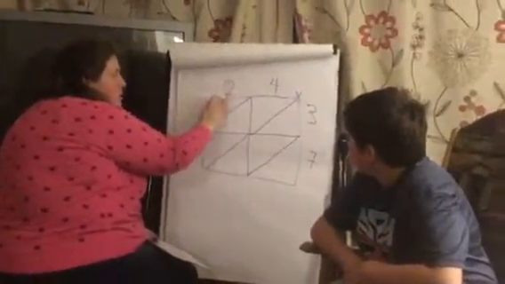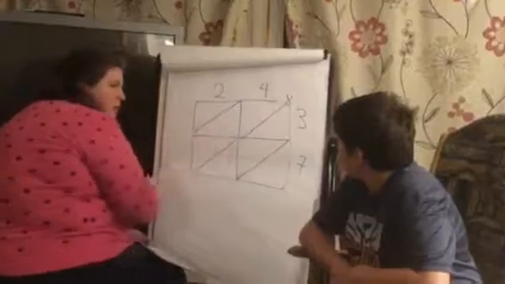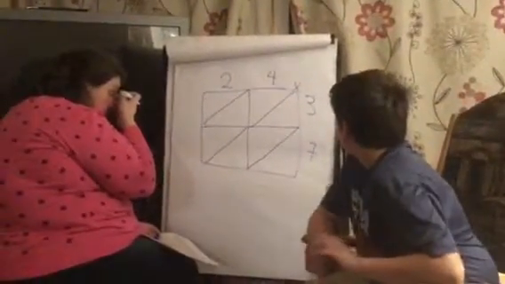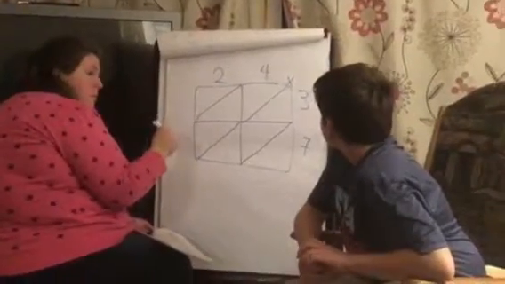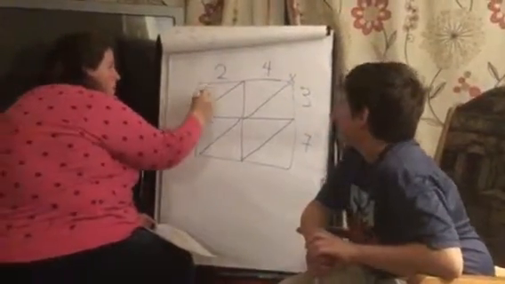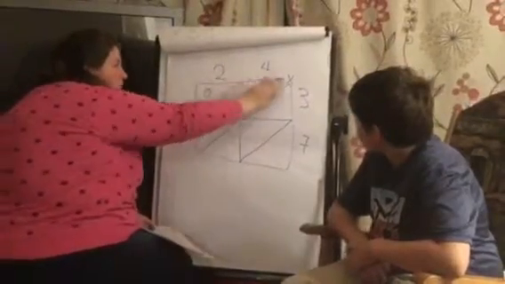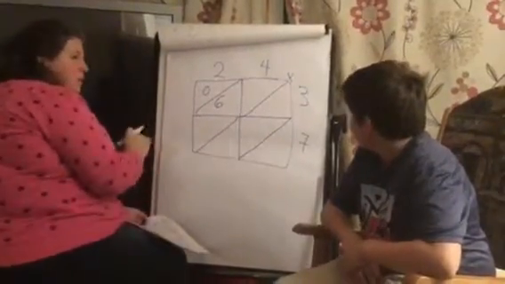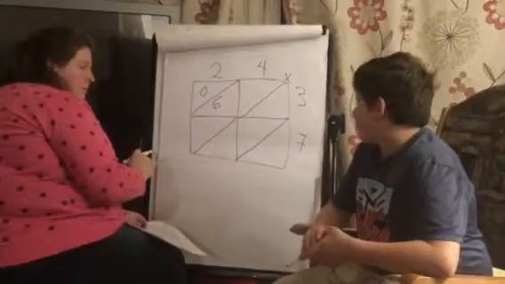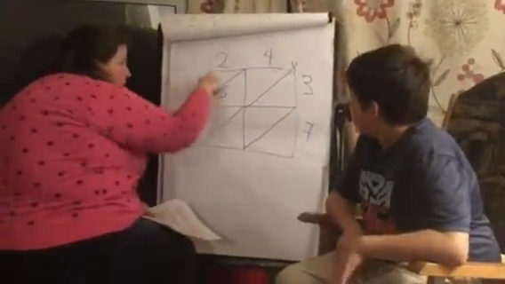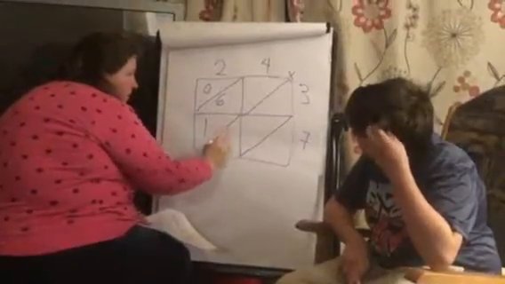Okay, so now we're going to make sure we account for all the numbers in our equation. So 2 times 3 gives us what? 6. Okay, so we're going to put our 6 here. Now 2 times 7 equals what? 14. Good. So we're going to follow down our 2 column.